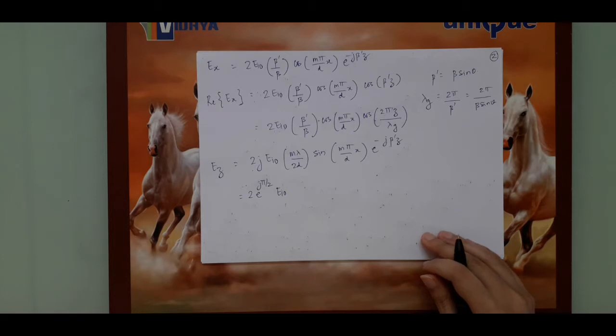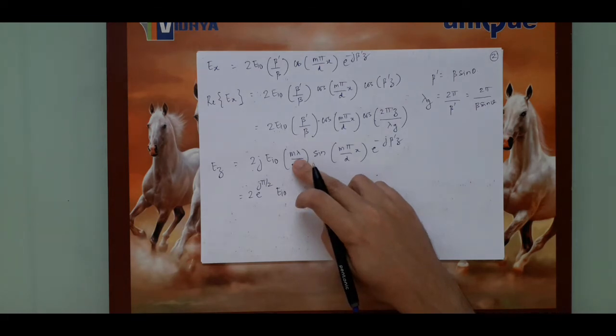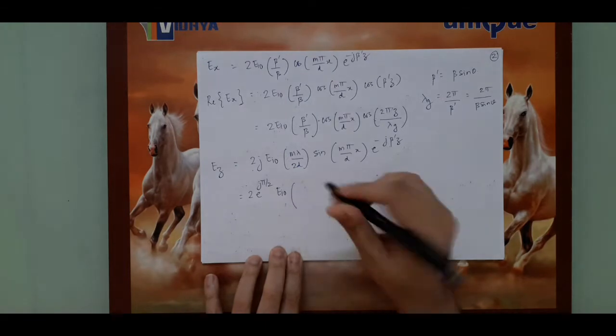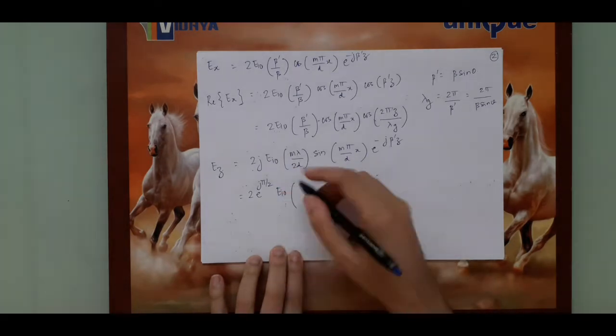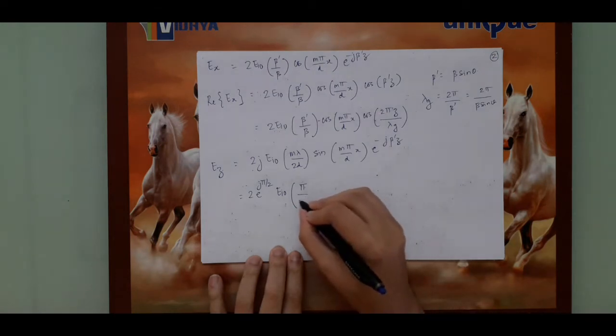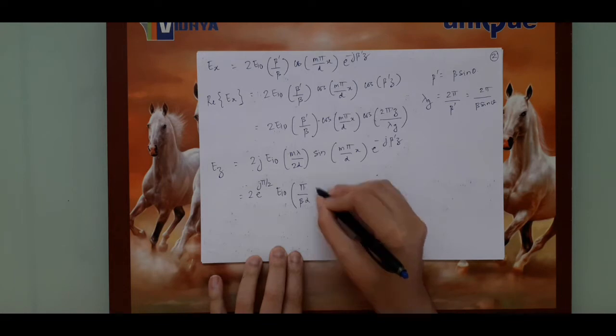And this term I can rewrite and represent in the following form. Just by a simple arithmetic manipulation, I can say that this is nothing but pi by beta times d.